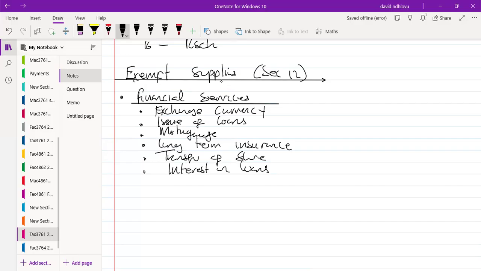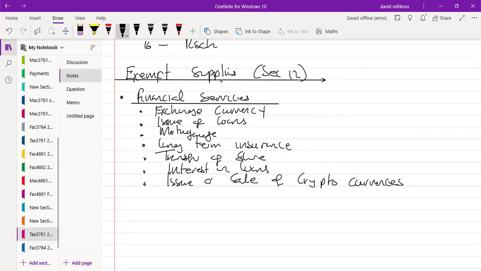Issue or sale of cryptocurrencies, like Bitcoin, I think should be listed as other here. Bitcoin, Dogecoin, and similar will not attract VAT. So those are what we call financial services, including the interest thereof.